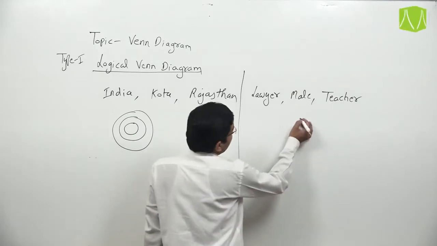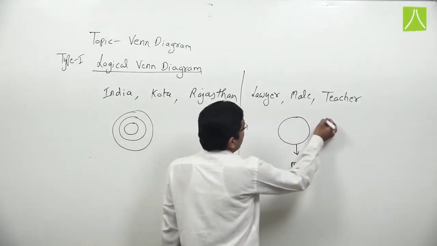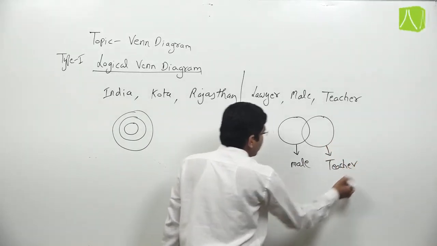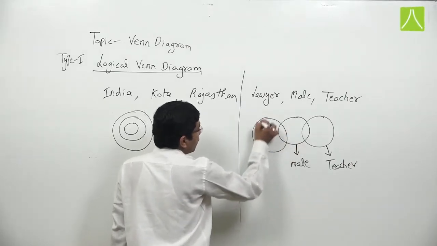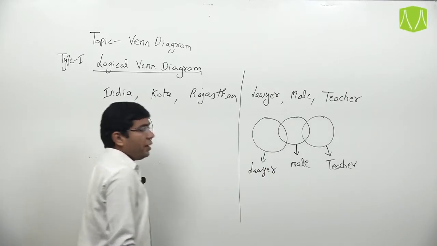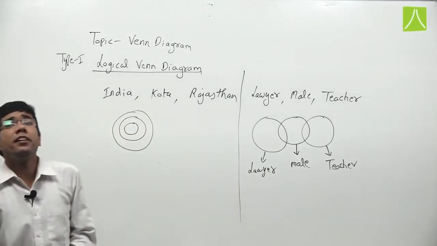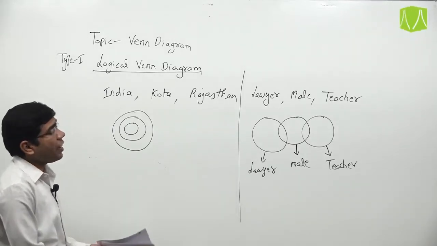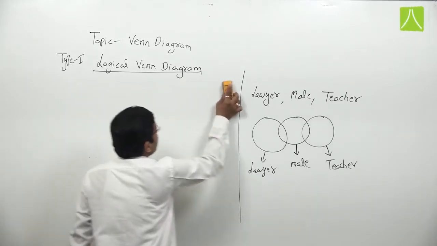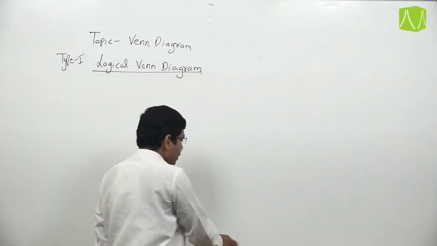For this we can say that this circle denotes male, some males can be teacher and some males can be lawyer. We cannot connect lawyer and teacher because these are 2 different professions. So, our diagram is like this.